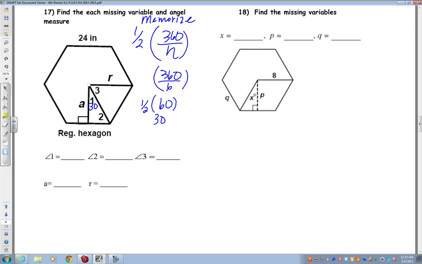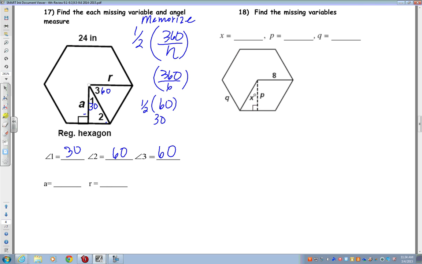So that's angle 1 is 30. 360 divided by 6. 6 is the number of sides. Angle 3 is okay. So what did you say for angle 3? Times it by 2. So yeah, from the first angle. So angle 3 is 60. All right. So if angle 3 is 60, what's angle 2? It's also 60.